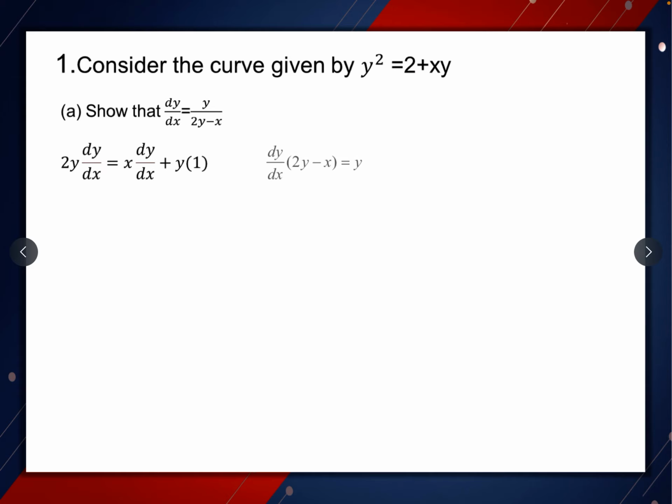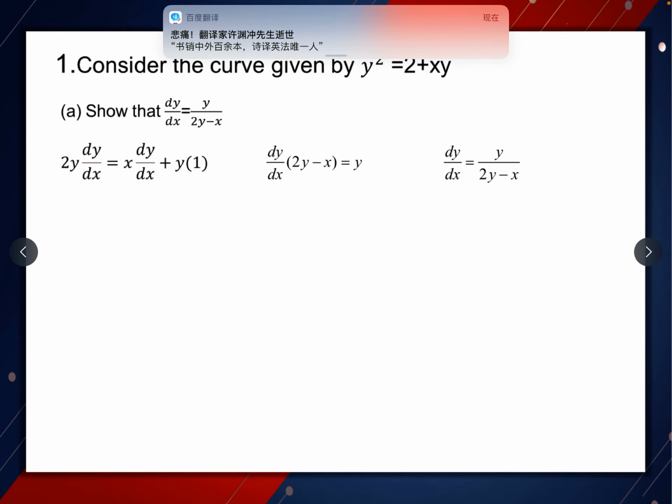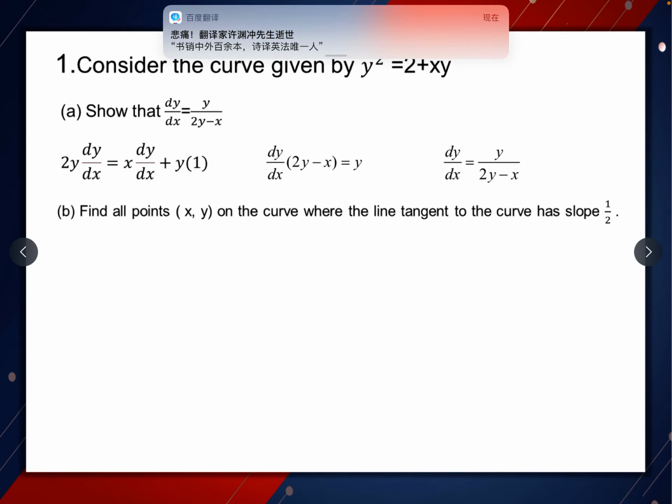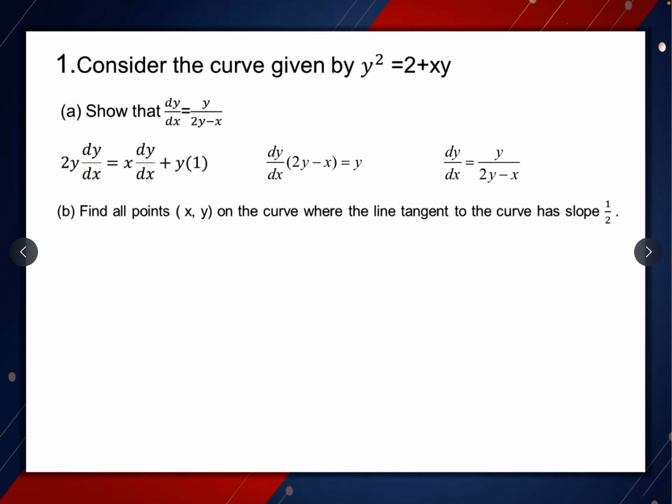So y squared will become 2y times dy/dx, and the 2 plus xy will become this, because here we need to use the product rule. Simplify this by moving this to the left, and we can get dy/dx equal to y over 2y minus x.